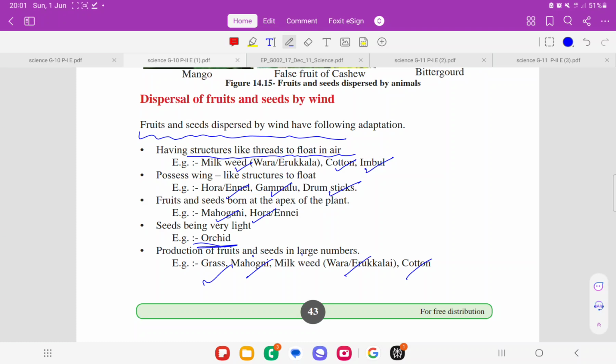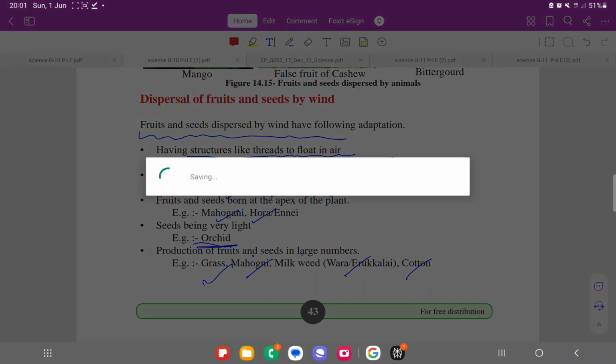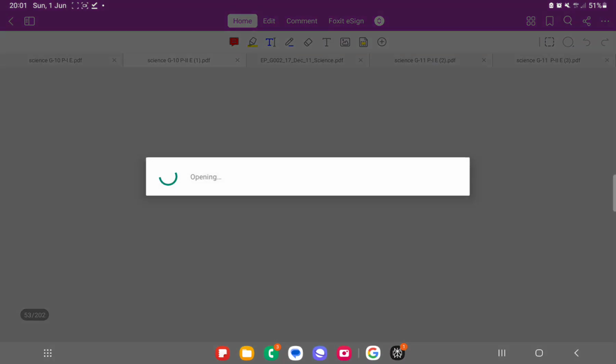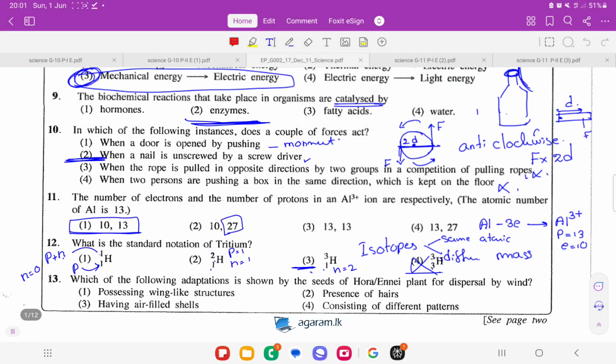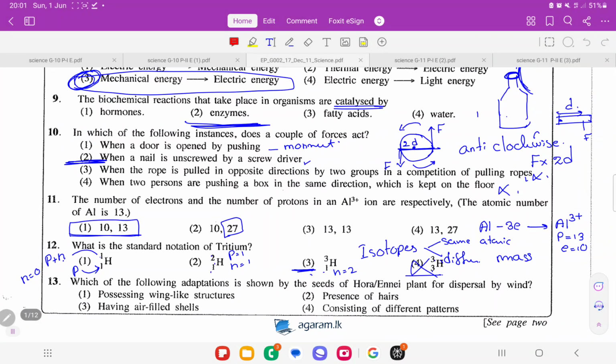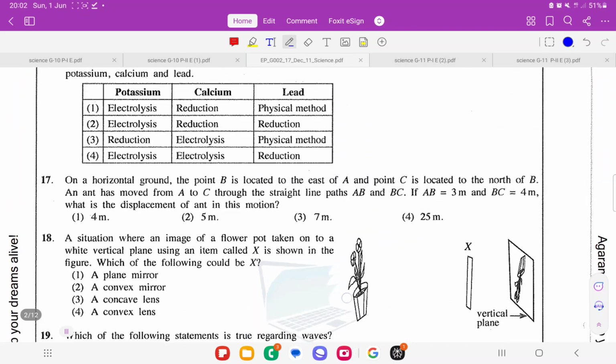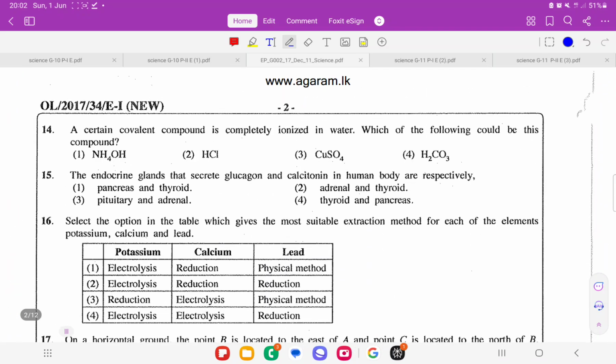Possess wing-like structures means that is horror. So we'll take that answer for the 13th question, possess wing-like structures. Right, so these are difficult, remember, but practice these kinds of MCQ papers regularly, then you can increase your marks, right?